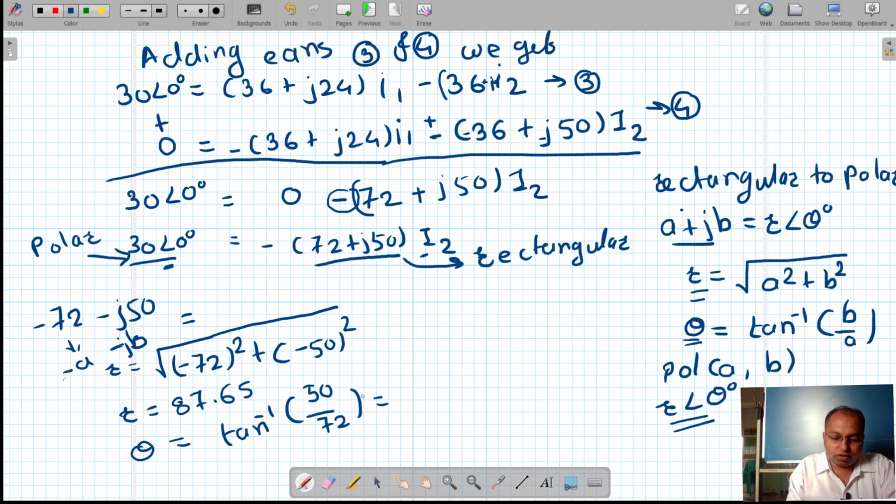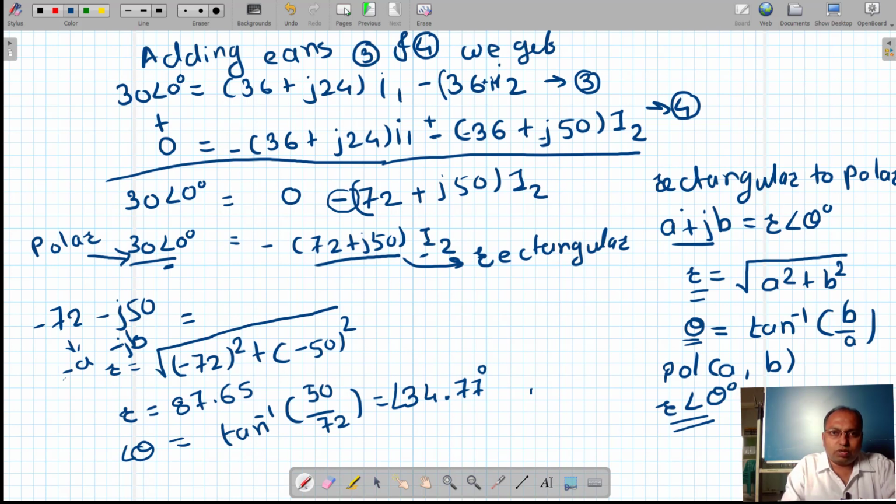Tan inverse of 50 divided by 72, I will get the answer as 34.77. This is the value in terms of degrees, so it is 34.77 degrees. Okay, this is your angle theta. Fine, great. So now we are going to use it in this case.